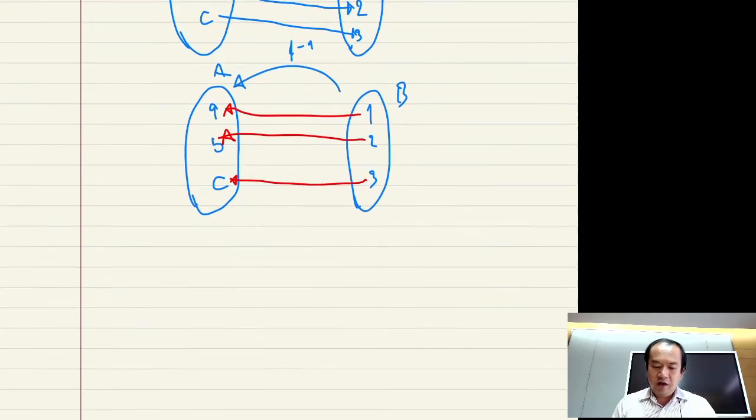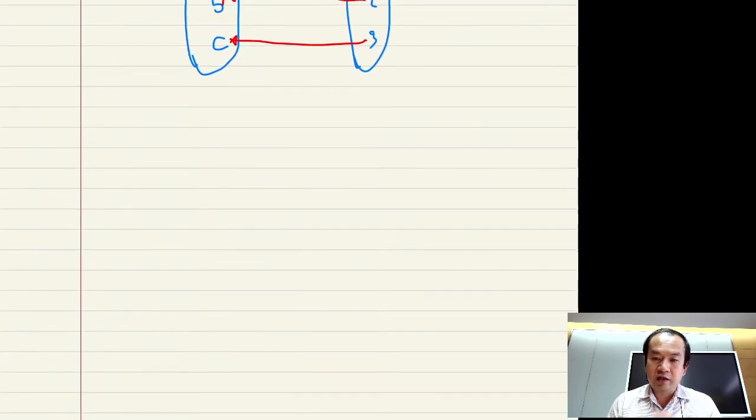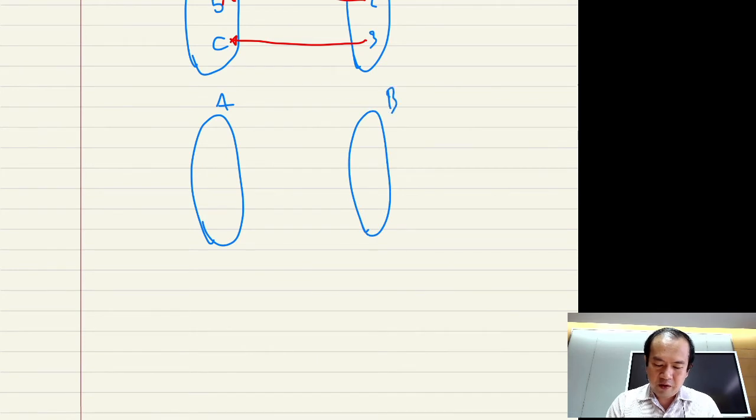Okay, now what happens if you have a function that is not one-to-one and onto? Let's say you have a, b, c and 1, 2, 3. Let's say this is not one-to-one.